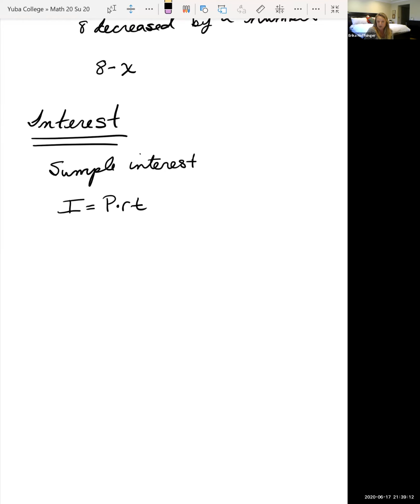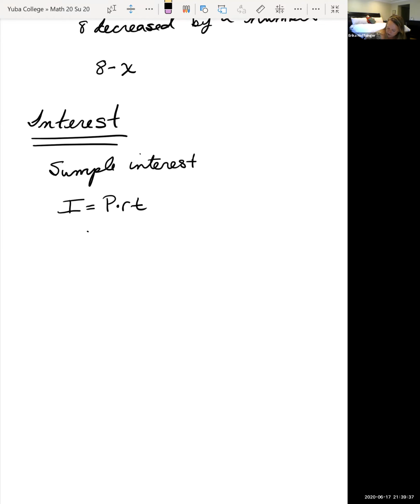So the interest that you're earning, I, is equal to P, what you've invested, principal. R is the rate that you're investing your amount at, and then T is the time. And maybe you're not investing, maybe you're borrowing instead.